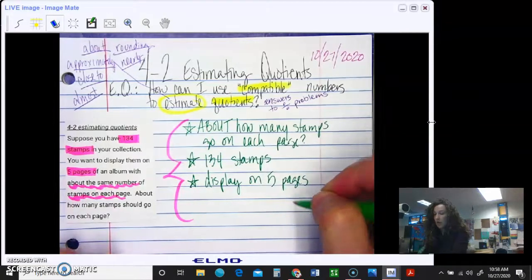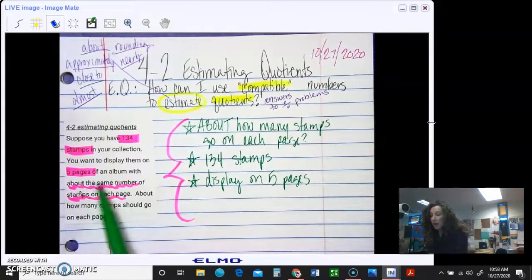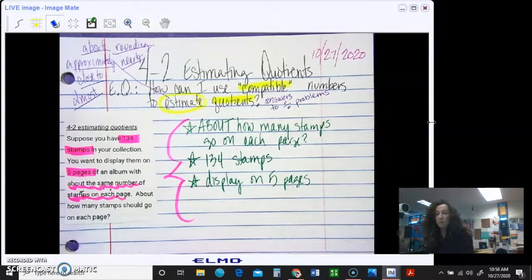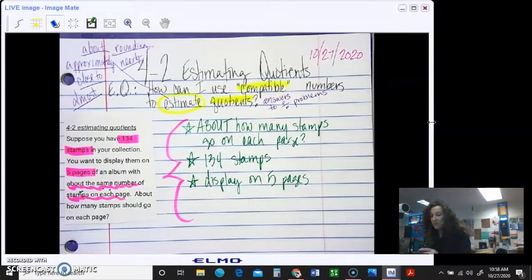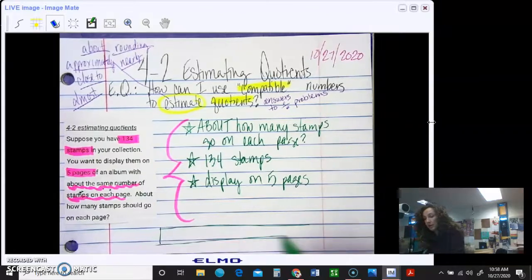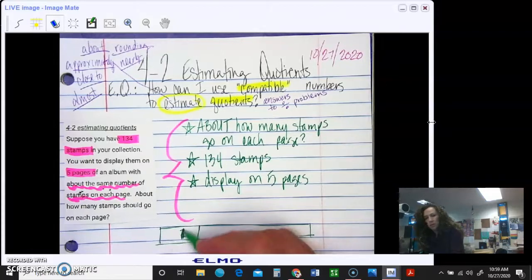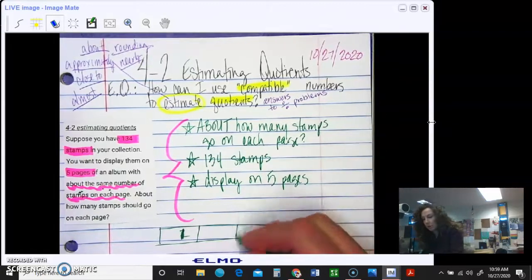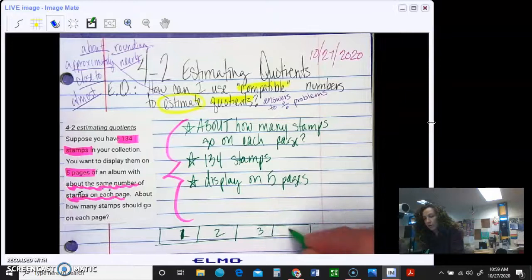And I want them to have almost equal numbers on each page. Well, I could go, okay, I need 5 pages. I said 1, I wrote a 2. My brain's jumping ahead. 2, 3, 4, 5 pages.